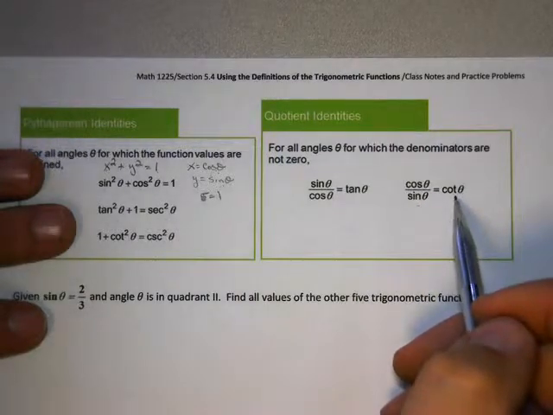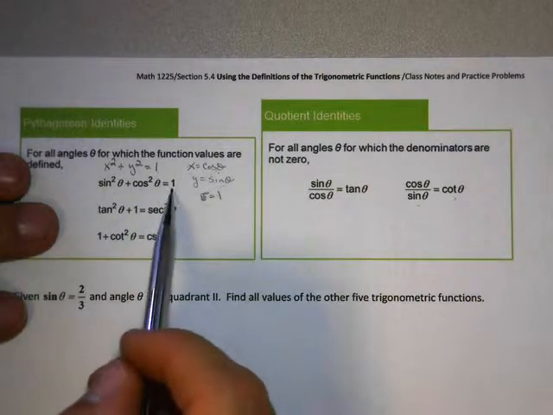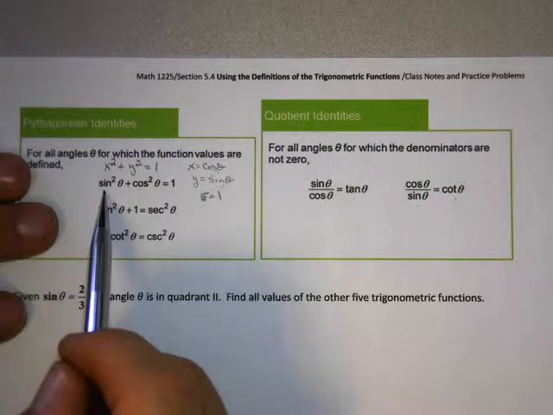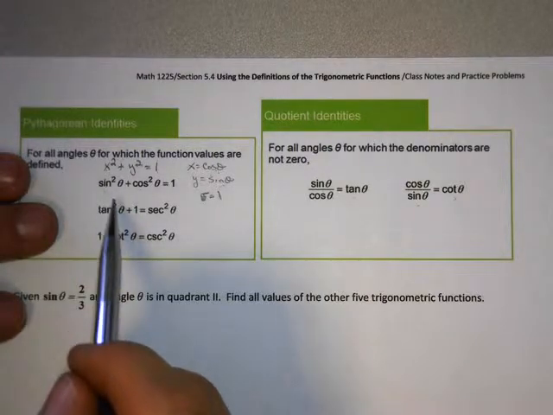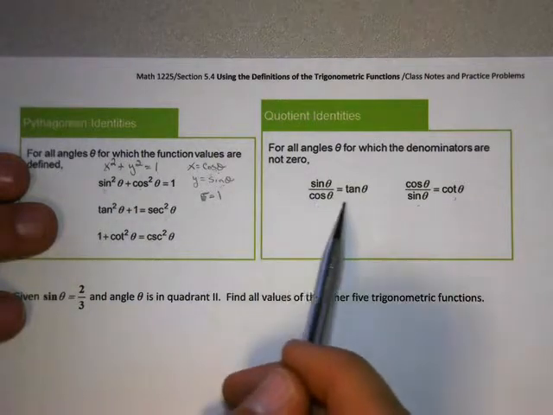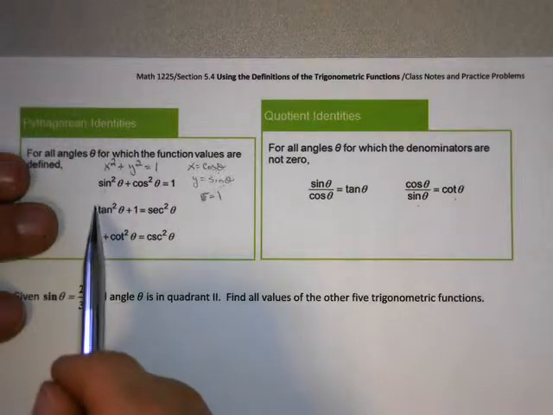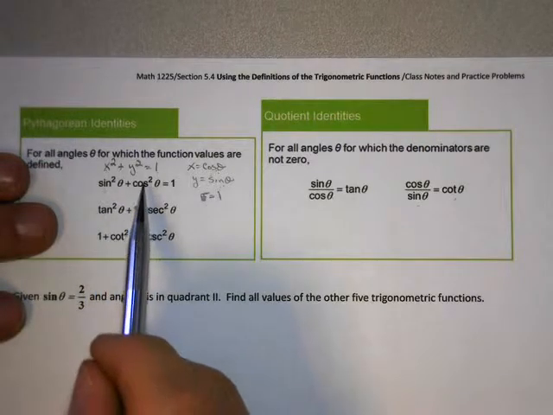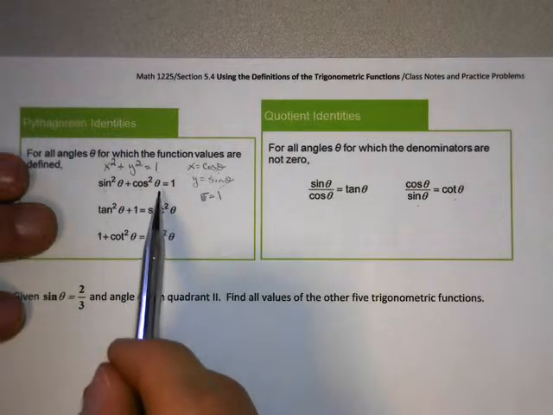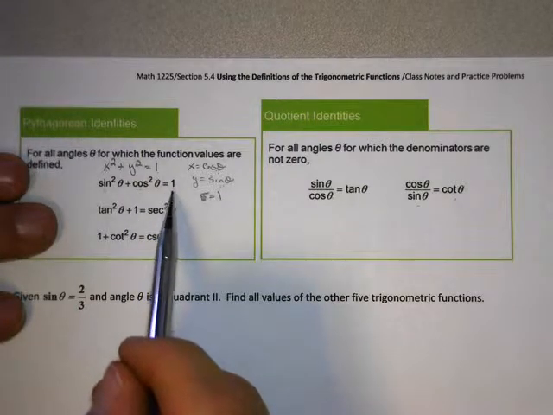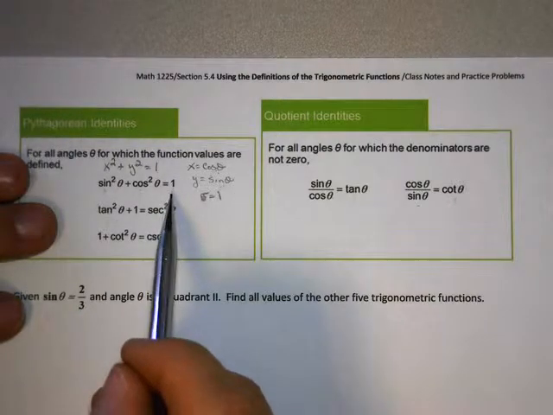So if we come over here and divide everything by cosine squared, sine squared theta over cosine squared theta, sine over cosine is tangent, so this is going to give us tan squared theta. Cosine squared over cosine squared is 1, and 1 over cosine is secant, so 1 over cosine squared theta is going to be secant squared theta.